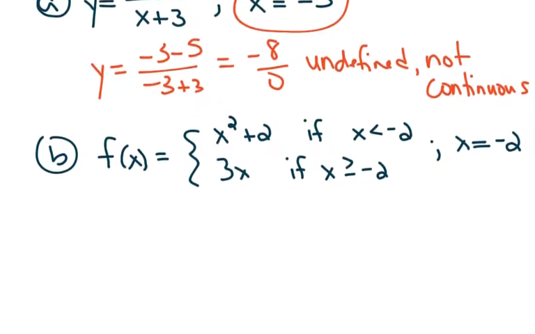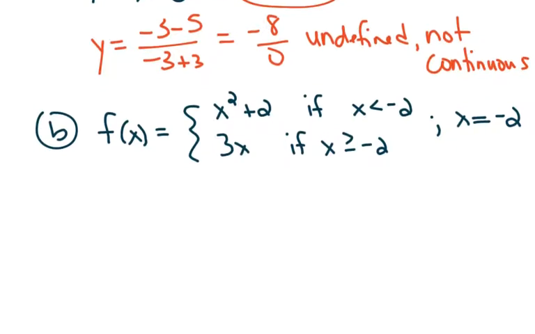In the second one, we give you a piecewise function, and you don't even have to graph it. We want to determine if -2 is a point where this function is continuous or discontinuous. If it's continuous, when I plug in -2 into both equations, the output would be the same because they'd be approaching the same value.